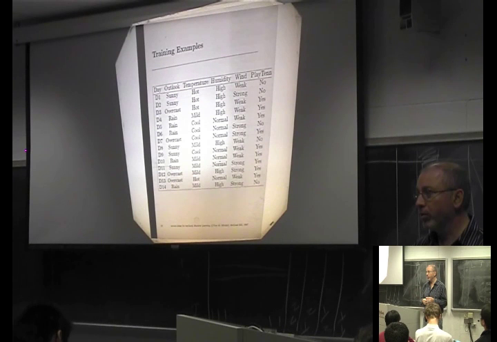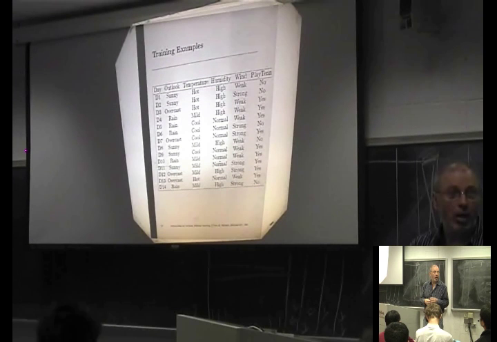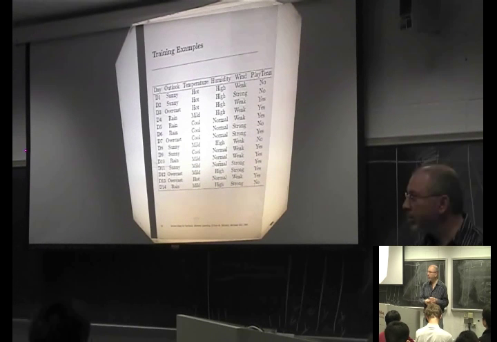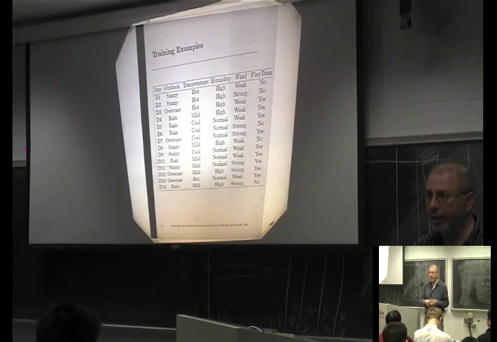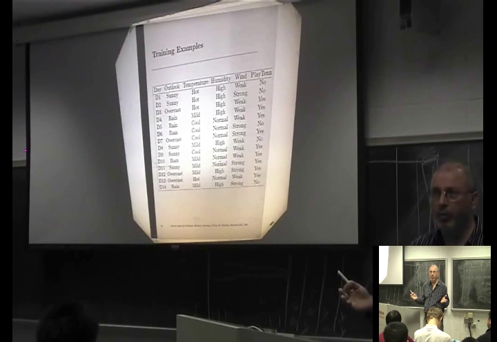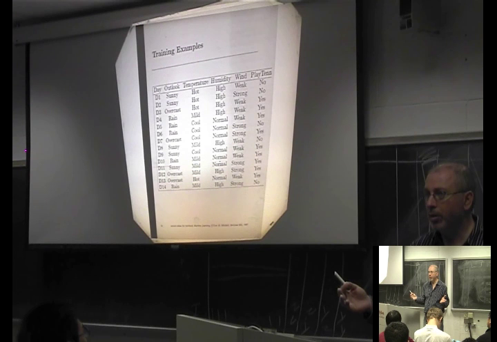How much? How much uncertainty is in the random variable play tennis before you know anything about the day? Is it half yes, half no? Not necessarily, but how many bits of uncertainty? Exactly 1?